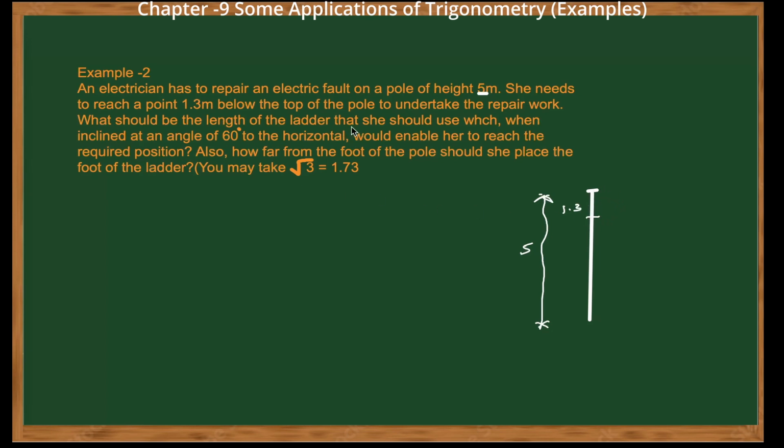What should be the length of the ladder that she should use, which when inclined at an angle of 60 degrees to the horizontal? So the pole is here, and it says 60 degrees to the horizontal.